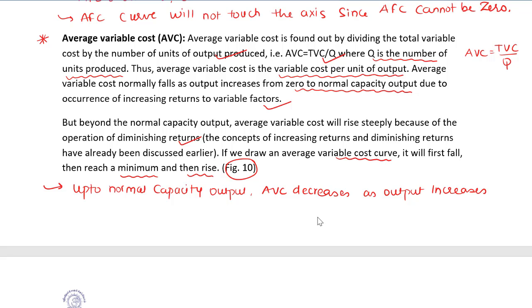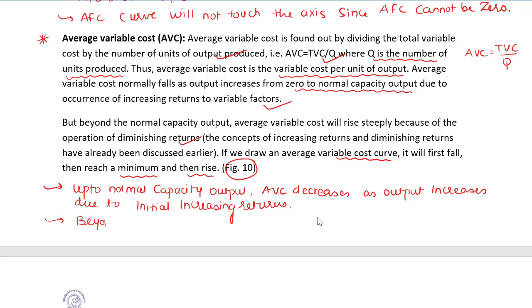Output increases, so AVC decreases. Due to what? Due to initial increasing returns, stage 1.